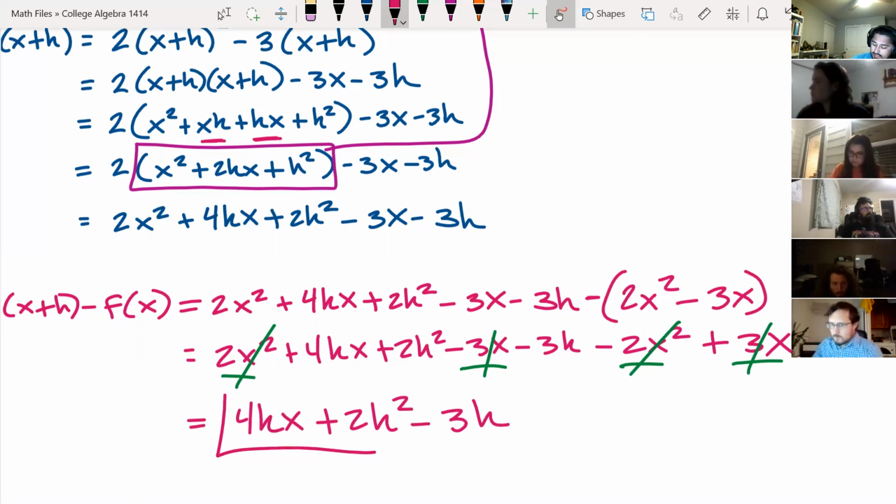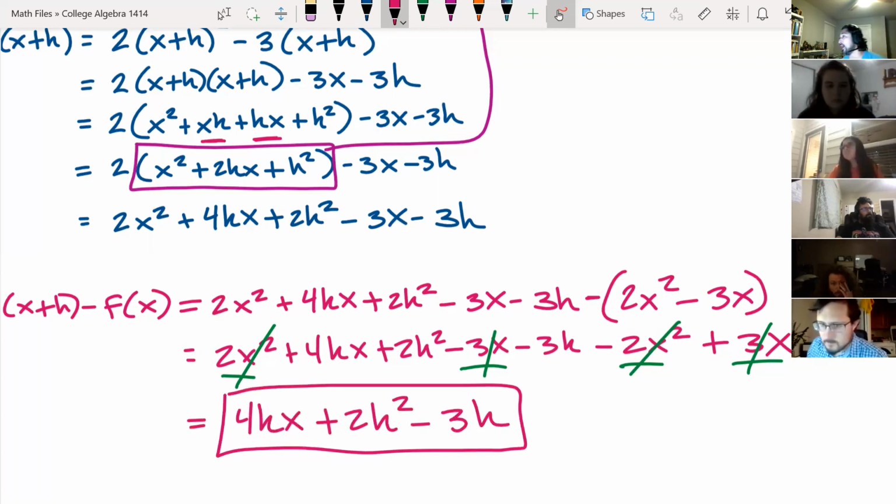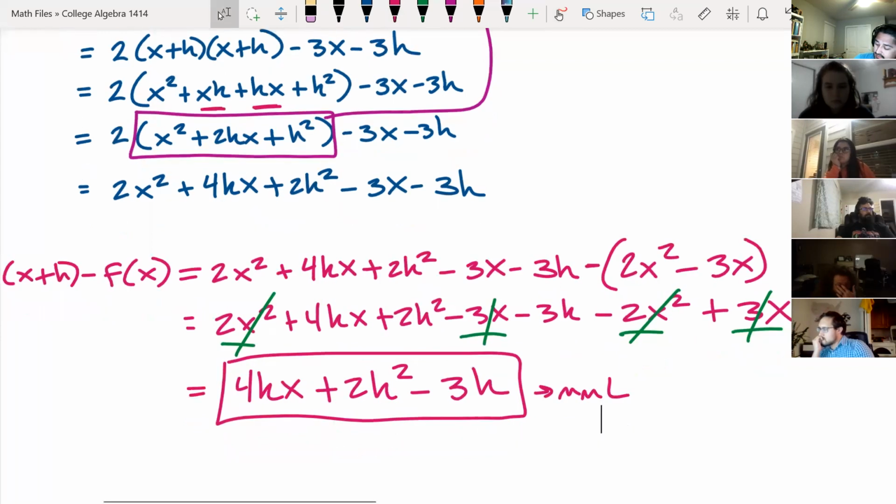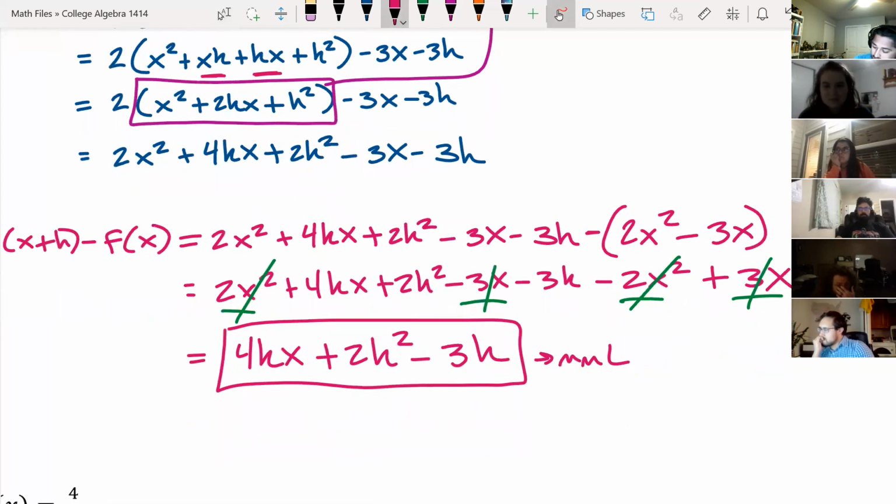So this is the answer my math lab is going to take because in small blue writing it says do not factor. So this is what it wants. So I'll put this is MML. But what I like to do to finish off step B is I like to factor out an h. So it's just going to make the final step a lot easier.